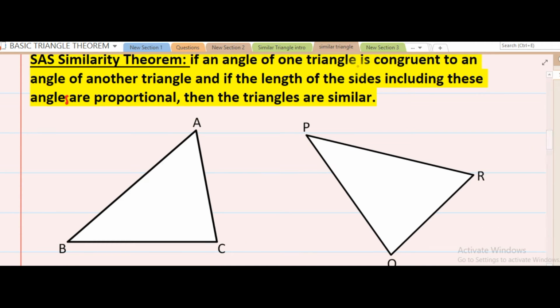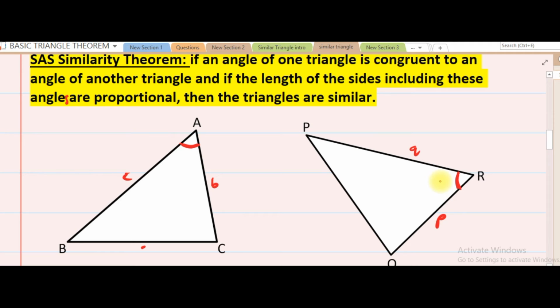Assuming you are given this, C and B, remember an included angle is the angle between two given sides. Here is the included angle, with Q and P.